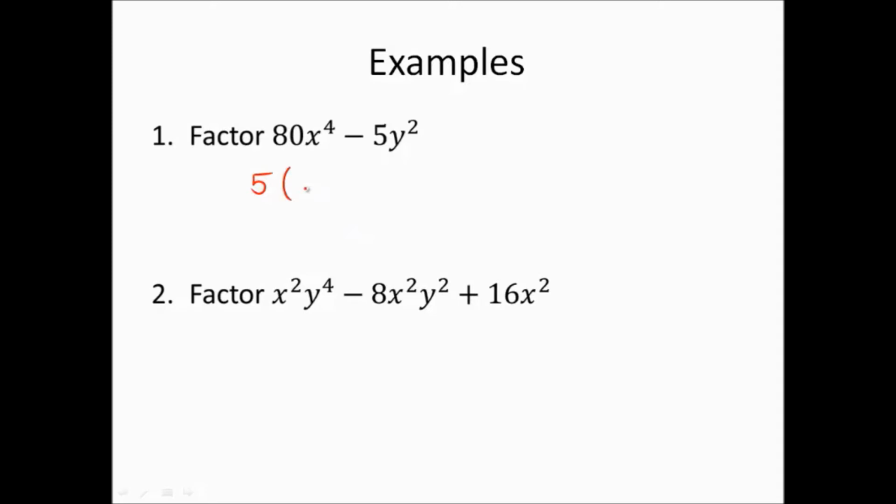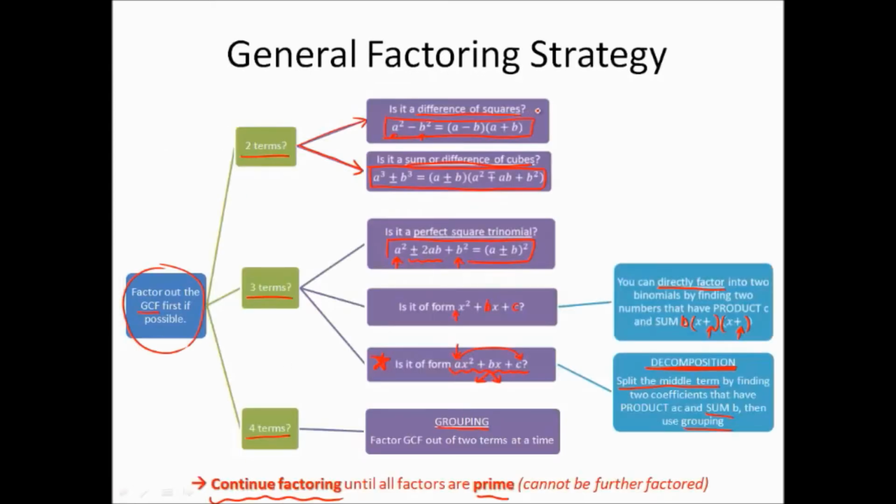So we've got 16x to the 4 minus y squared. Now we can take a look at the inside bracket and see if we can further factor. This is an example with 2 terms, so if you look back, 2 terms was either a difference of squares or a sum or difference of cubes.